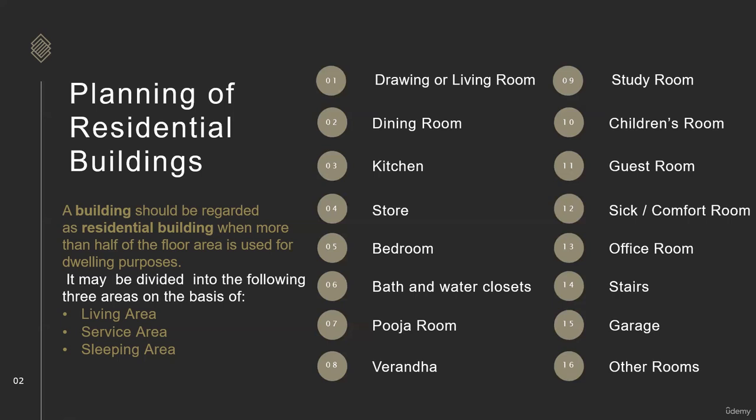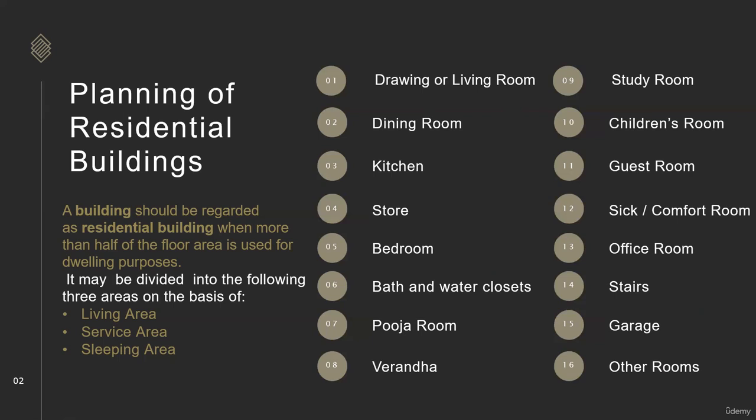Okay, so always remember this while doing a residential building plan. You can see this on the screen: there are different components of residential buildings. Depending upon the requirement of the client, the budget of the client, and the size of the area, whatever the size of the plot is, we are going to plan accordingly. In most cases, the first thing to consider in our mind before starting the planning is the budget or economic condition of the client.